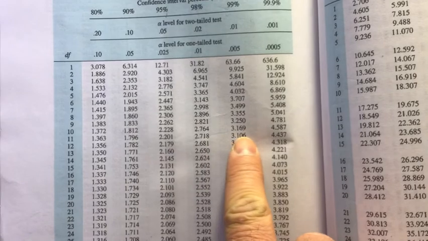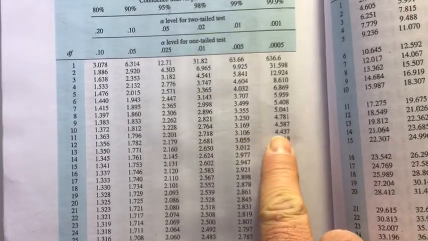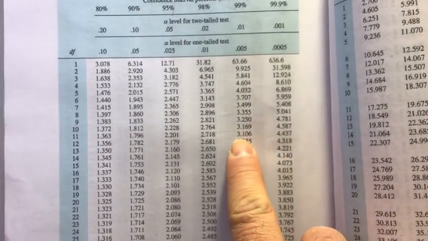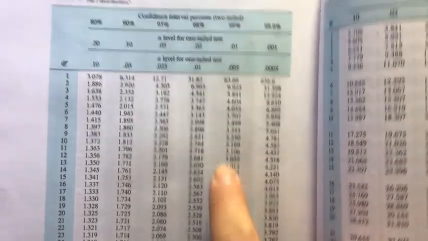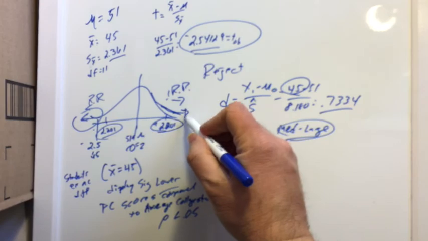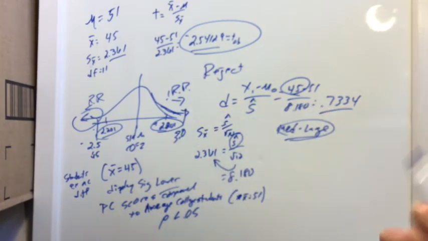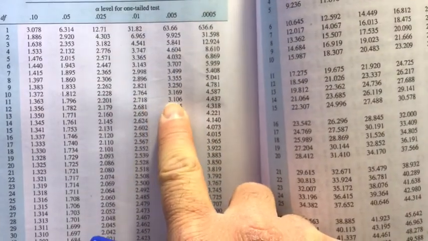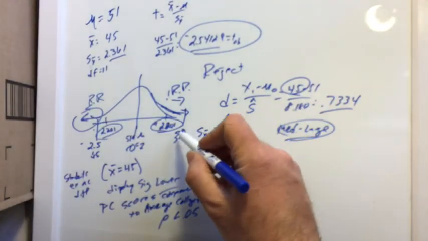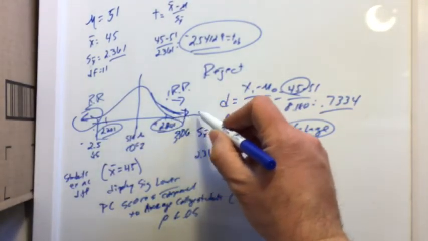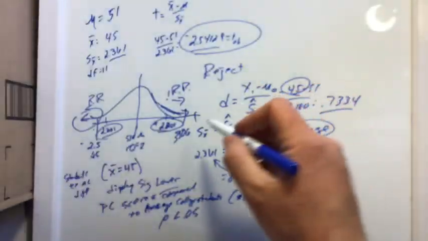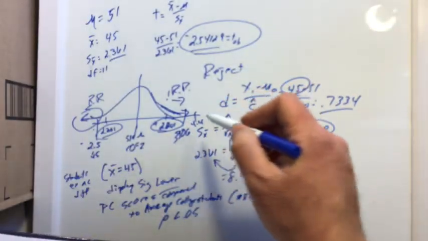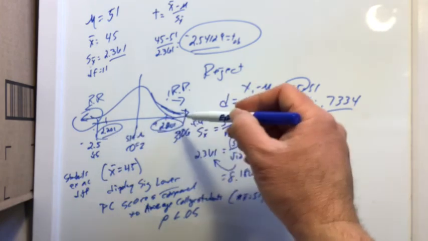I want to see what the critical value is for 0.1 and 0.01. So I want to know how far I can go. The critical value for a 0.01 would be 3.106. And if I wanted to keep going, I end up with a 4.4. So I'm obviously not that far away because I'm only at a 2.5.